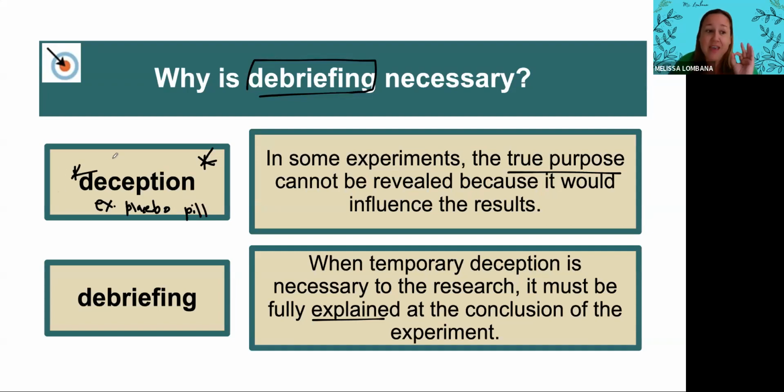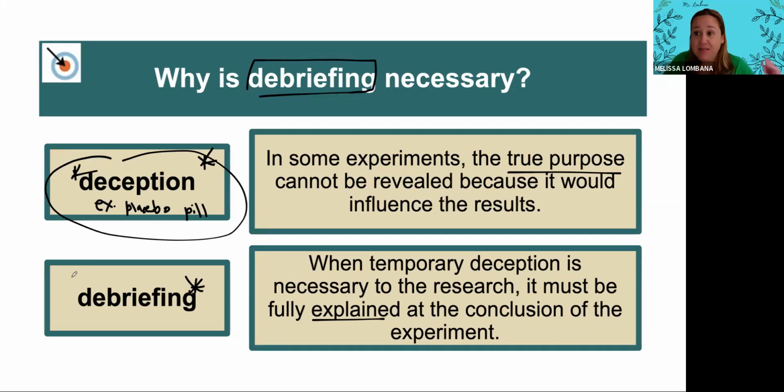However, if they use deception, and this is key, if there is deception in the research, then during debriefing, which is super important, they must tell them why they deceived the participant.